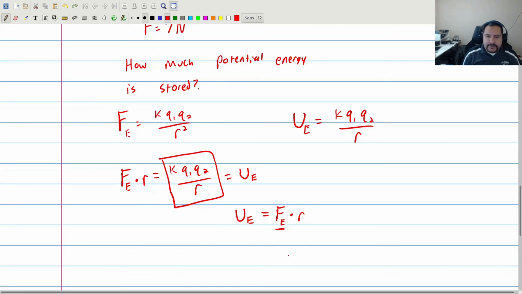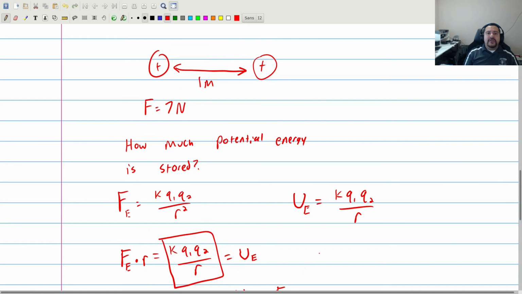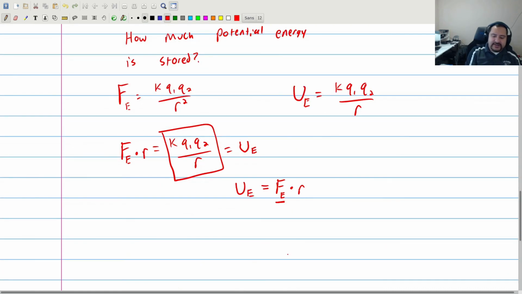Okay, so the electrostatic potential energy in this situation is equal to the force times R. So if I go back up here, I have the force, I have R, so how much energy is there? Well, U sub E is equal to 7 newtons times 1 meter. That's equal to 7 joules.